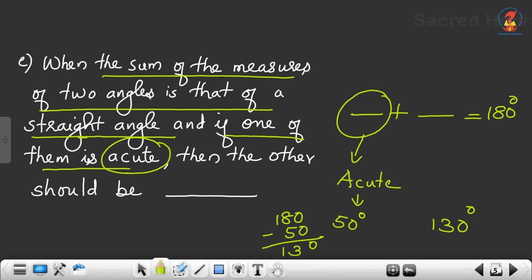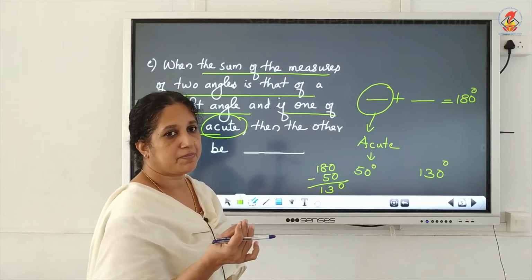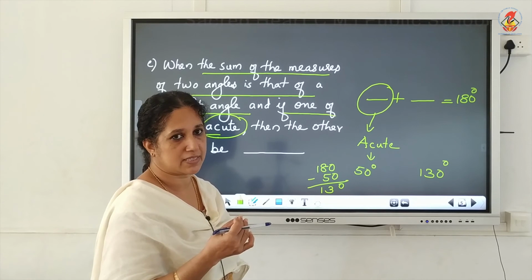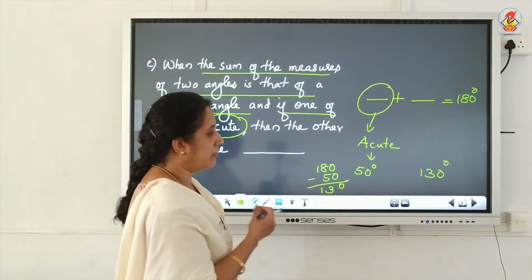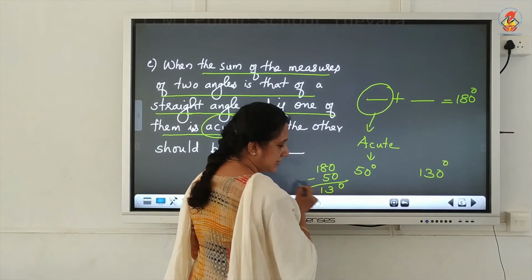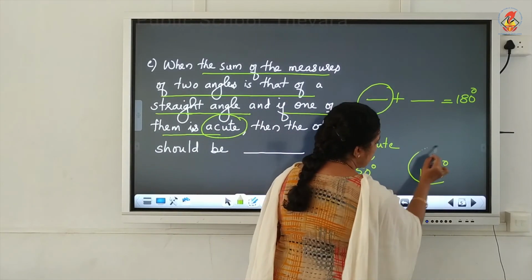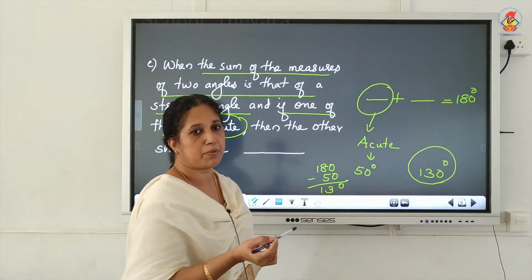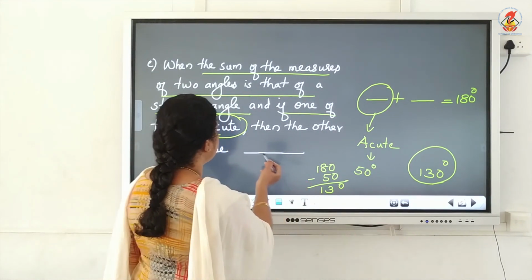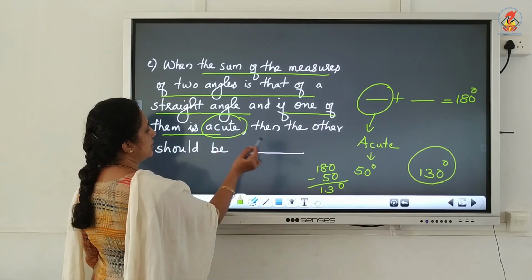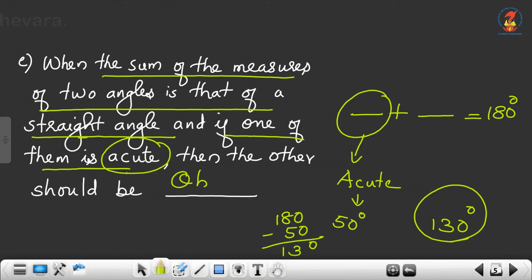So 130 degree is what type of angle? Here we have to use the words acute, obtuse, straight. One angle is acute. The other angle we got the measure greater than 90 degree. So what type of angle? It will be an obtuse angle. So what we can write? If one angle is acute, then the other angle should be obtuse.